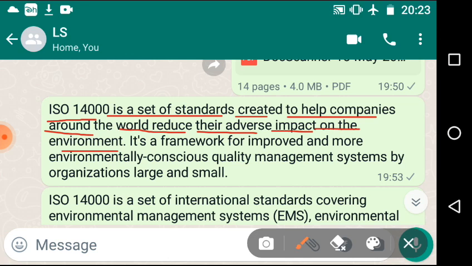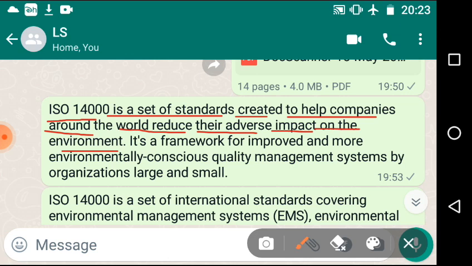Some important things have been discussed, and they are normally created to help the companies around the world to reduce their negative effect. Adverse impact means negative effect, so that the companies will not affect the environment too much.